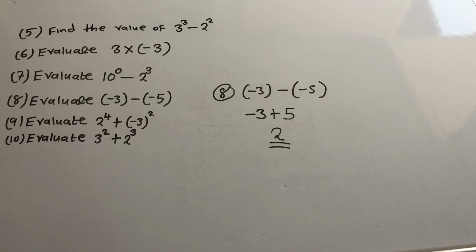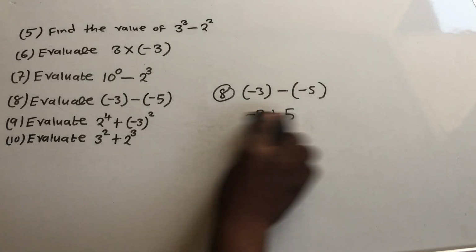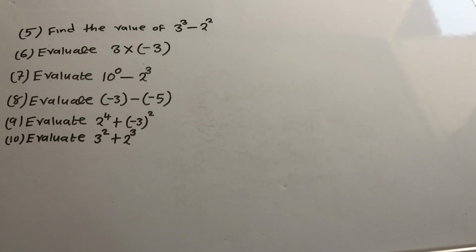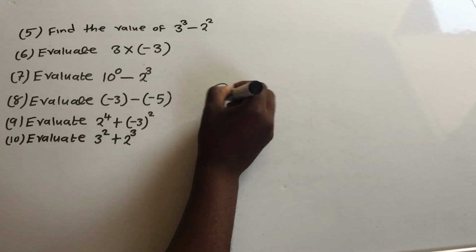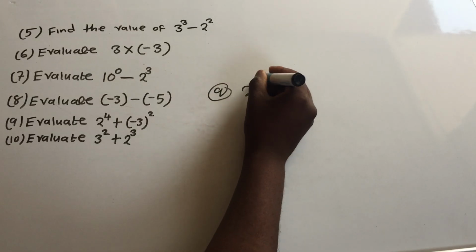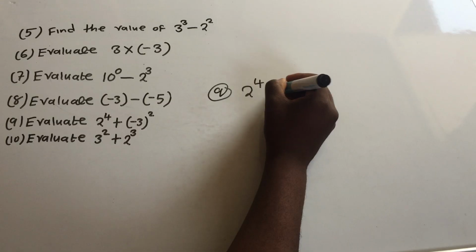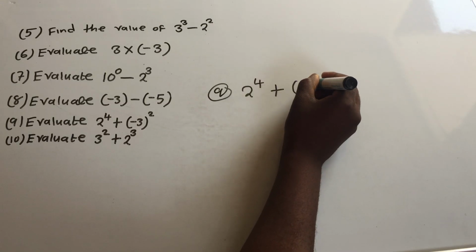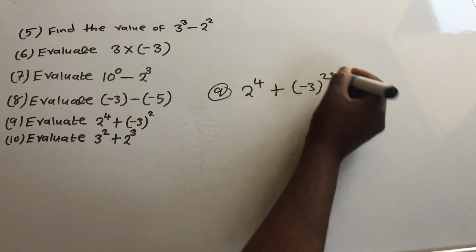We come to question 9. Question 9 reads as, evaluate 2 to the power 4 plus negative 3 to the power 2.